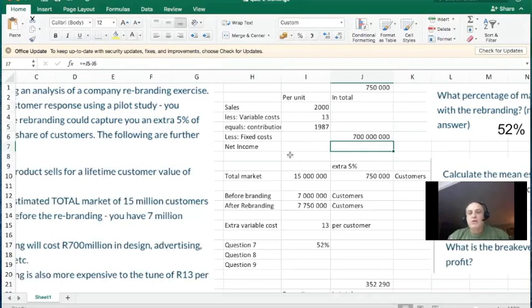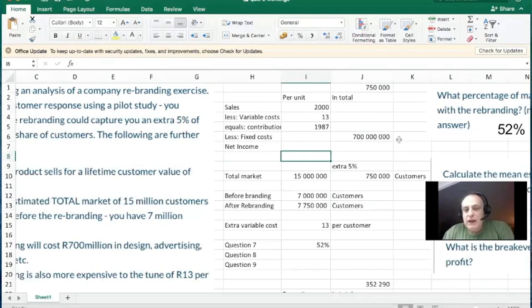And so I'm going to blank that out. What I do know is that my fixed costs is going to be 700 million. So I've created this grid. This is per unit, 2,000 per person.